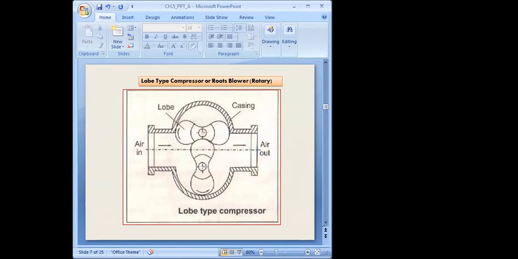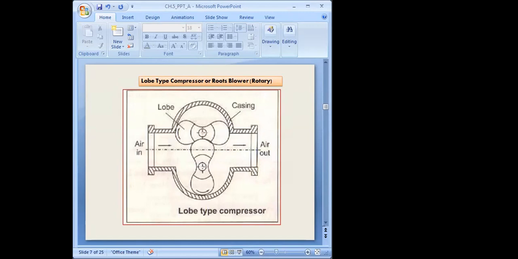These lobes are precisely machined, and the casing is also machined to close tolerance. Here only a line of demarcation is visible. There is no gap between both lobes; they are meshed with each other.